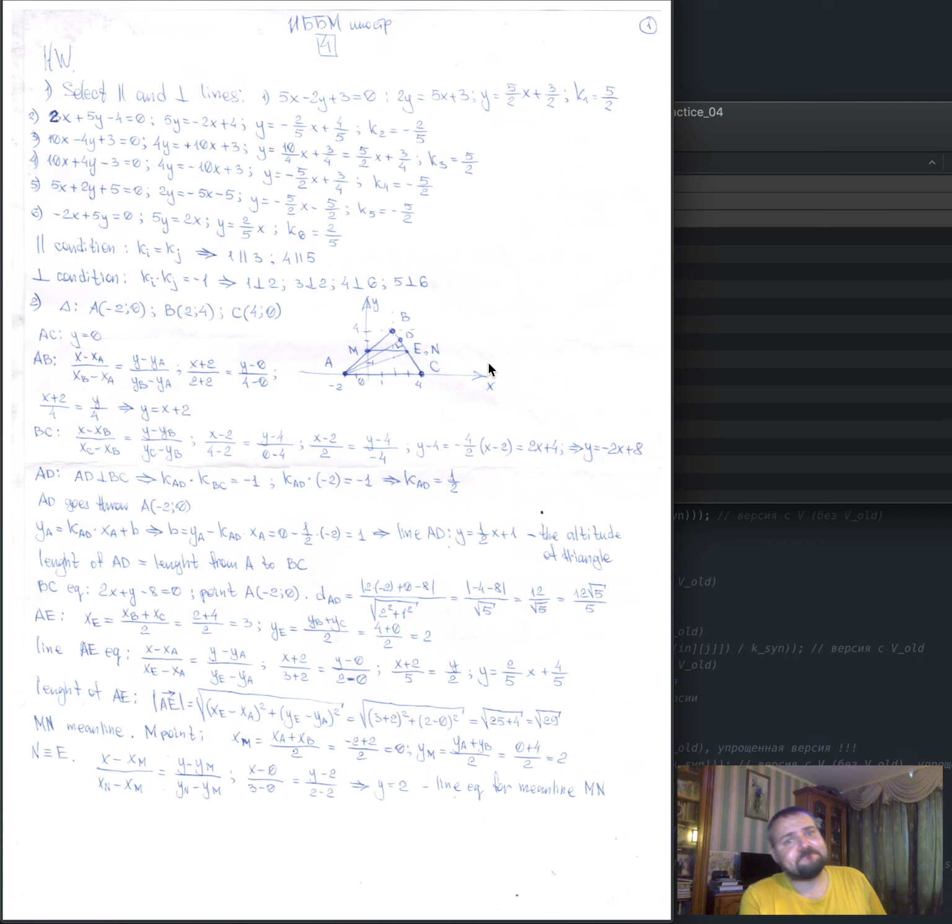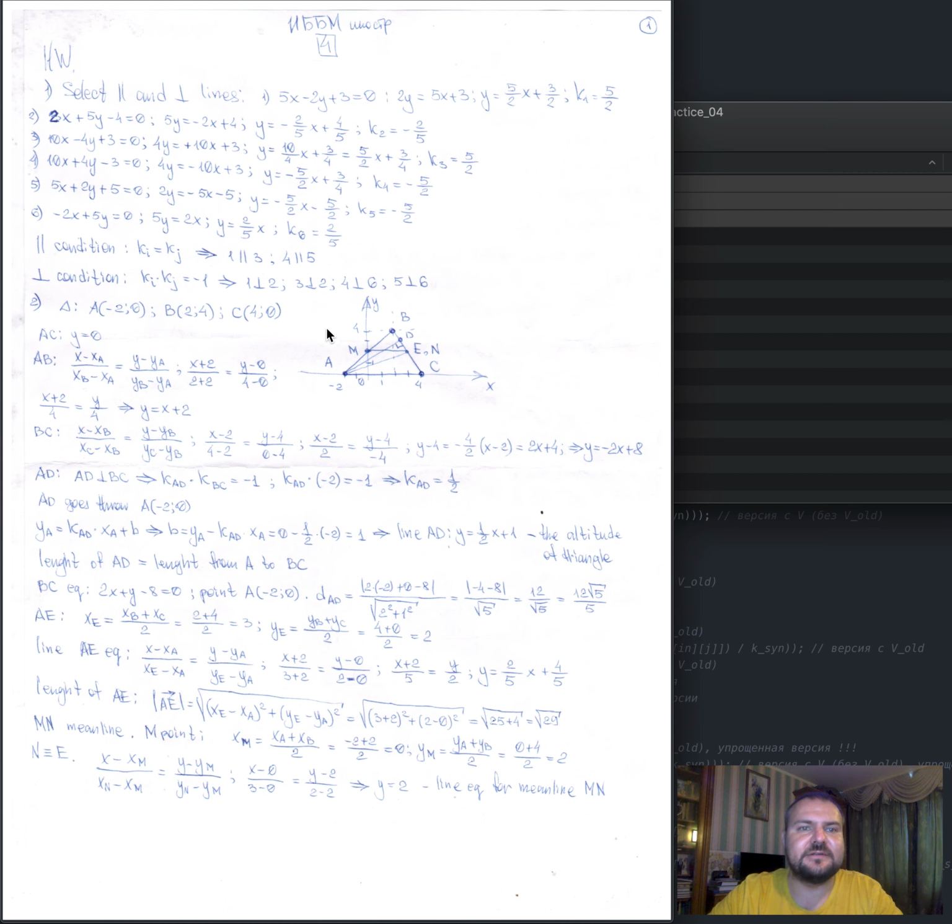So this is triangle ABC, three points on the two-dimensional plane xy. We have some coordinates for the points A, B, and C, and we need to construct the lines.